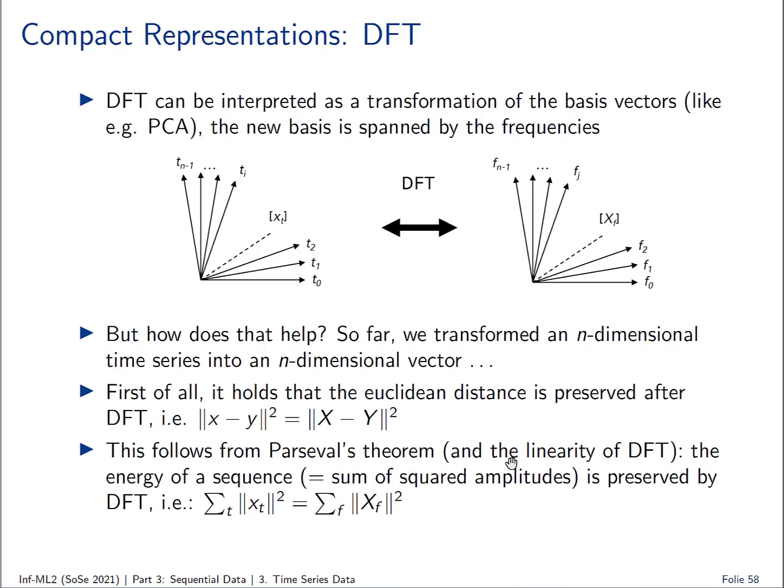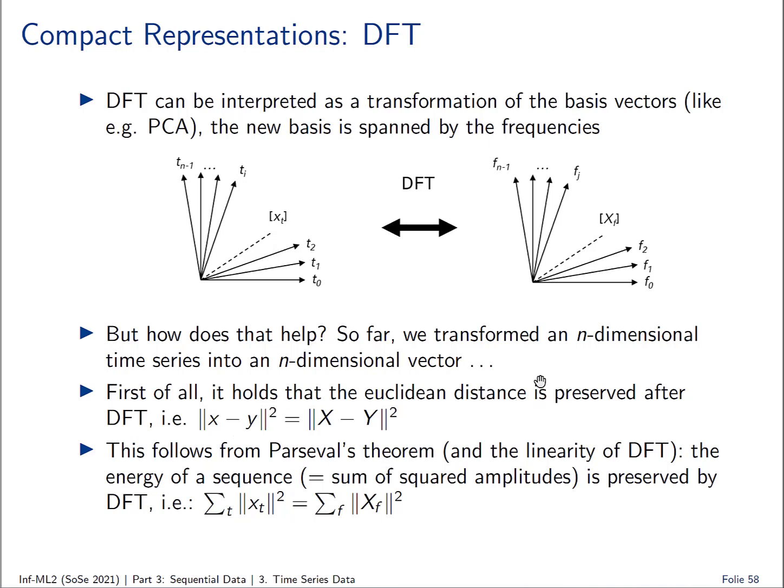Okay, that's nice, and basically also from the linearity of DFT, because the energy of a sequence, which is the sum of the squared amplitudes, is preserved by DFT. That's actually Parseval's theorem, and from that we can infer that the Euclidean distance is also preserved.